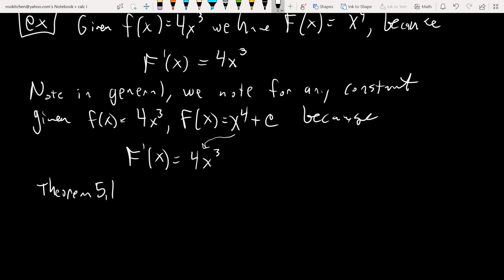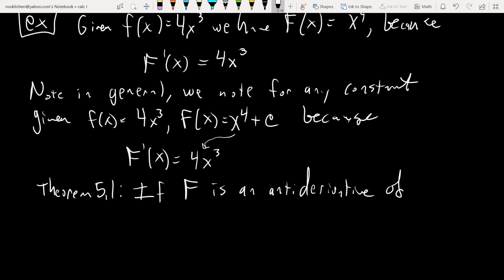It used to be Theorem 5.1 in the book, and basically if big F is an antiderivative of little f on an interval I, and again, this basically just means that the derivative of big F is equal to little f, if that's the case, then we have this biconditional statement.